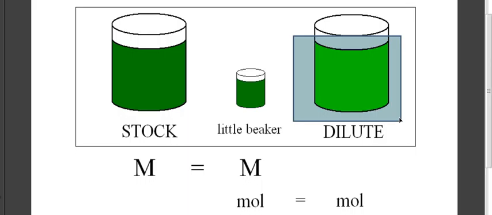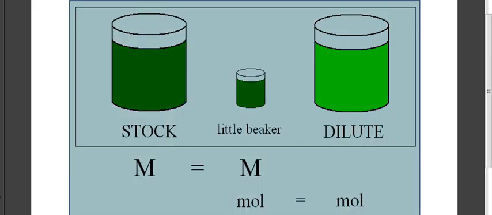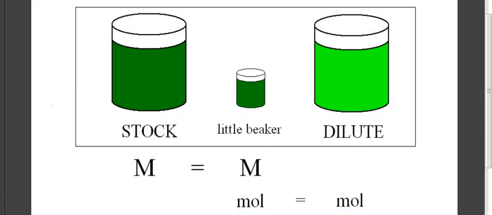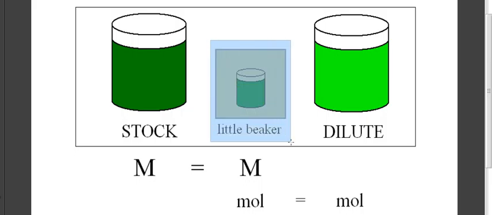Now, here's something that's really, really important. I want you all to be able to see this. We're going to focus on little beaker here. And you're not going to find little beaker in any chemistry textbook. That's a Kriegerism.